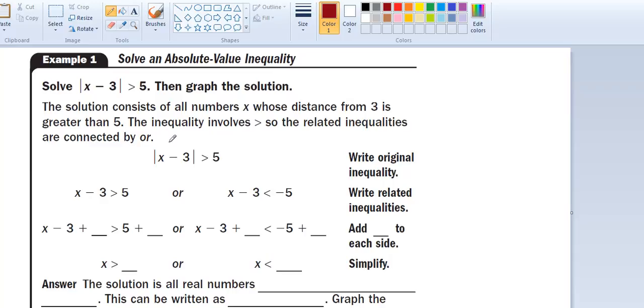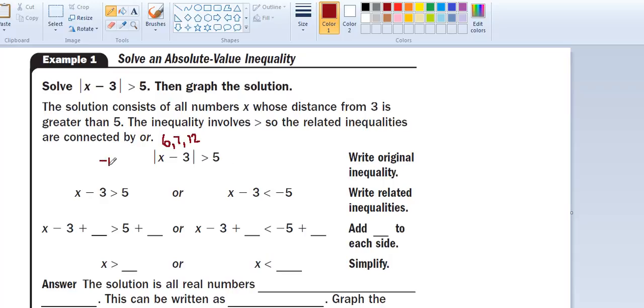So think about some numbers that if you talked about their absolute value, it would be bigger than 5. Let's talk about some whole numbers. 6 works, 7 works, because that has an absolute value or a distance greater than 5. 12 works. So there are some positive numbers, but there are also some negative numbers that have an absolute value or a distance bigger than 5.